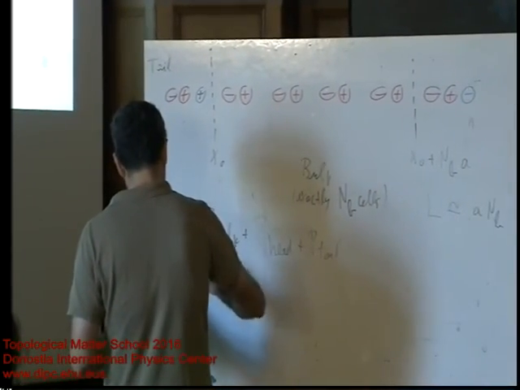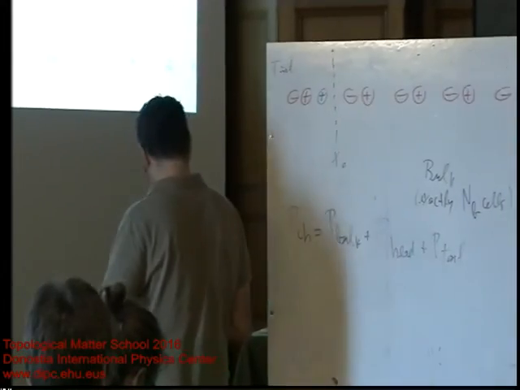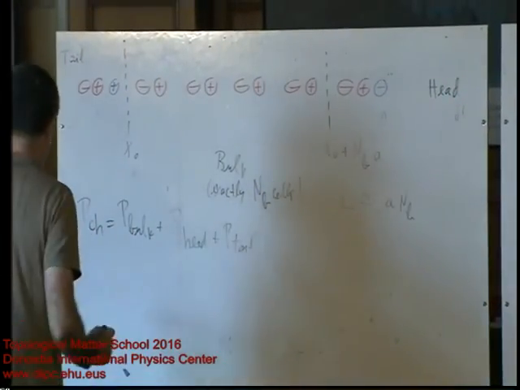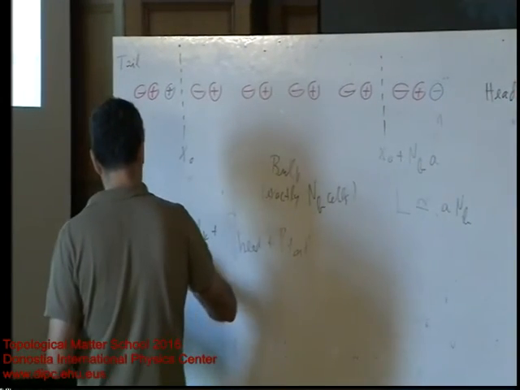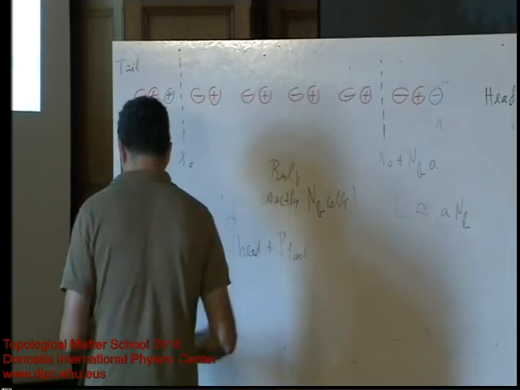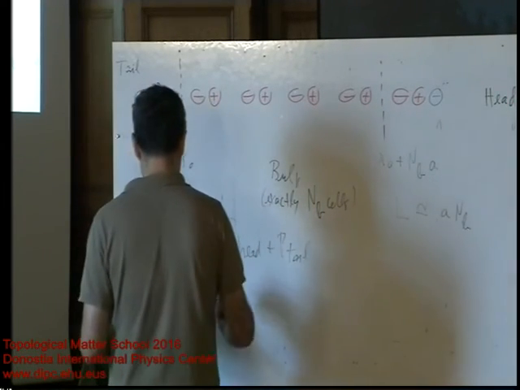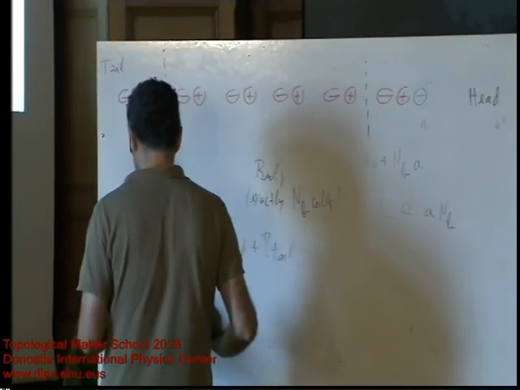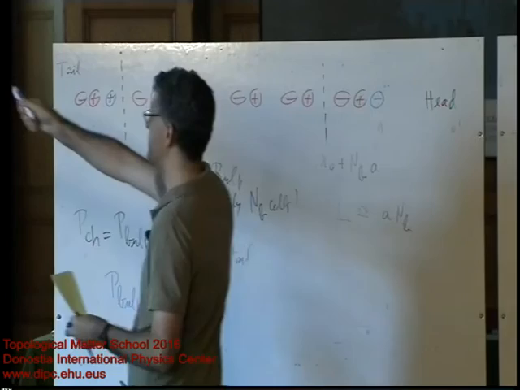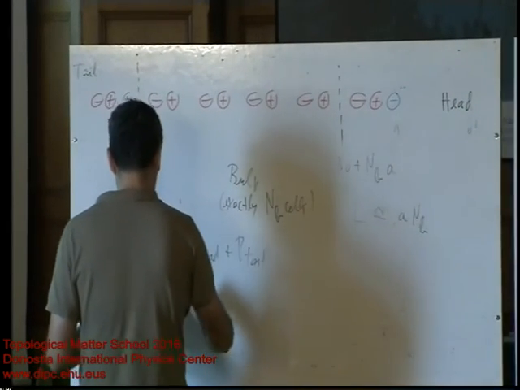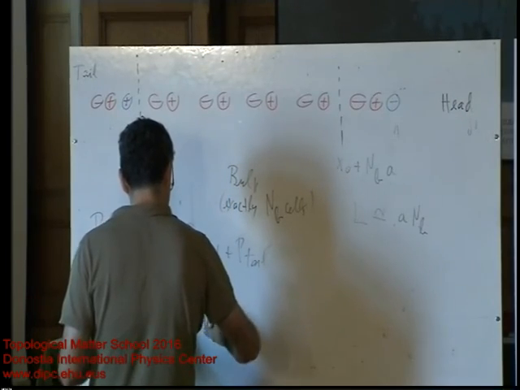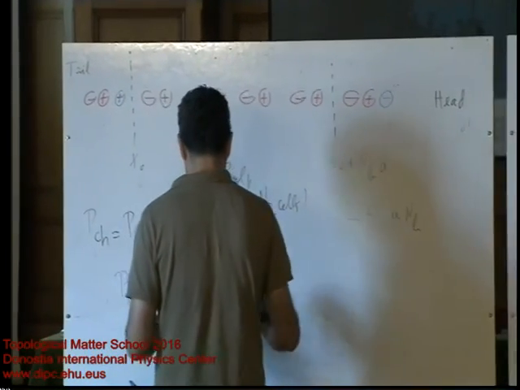So for the bulk, following our rules, let me throw this away. As I told you, this length here is basically the length of the bulk region, so I can replace L by A times NB, making a negligible error in the thermodynamic limit.